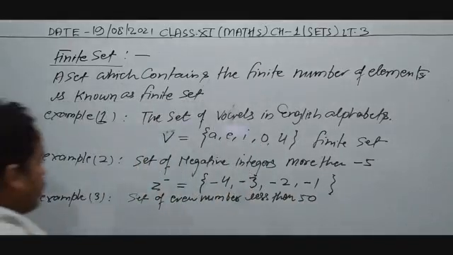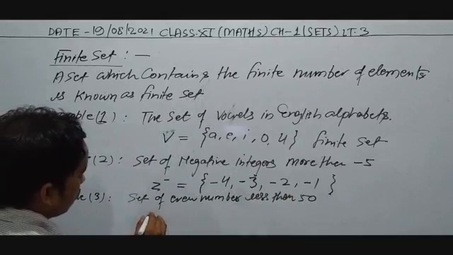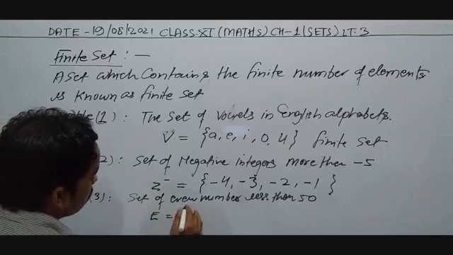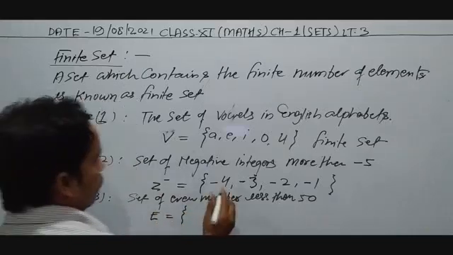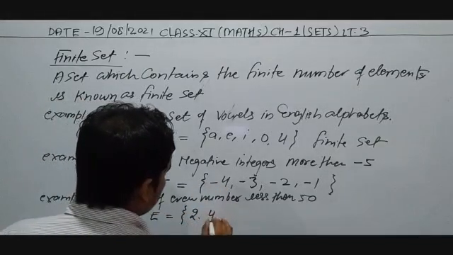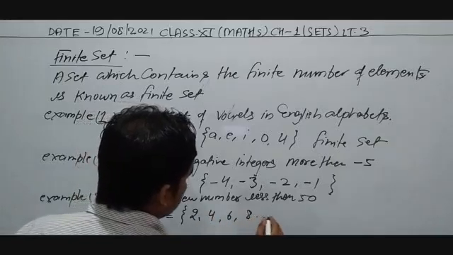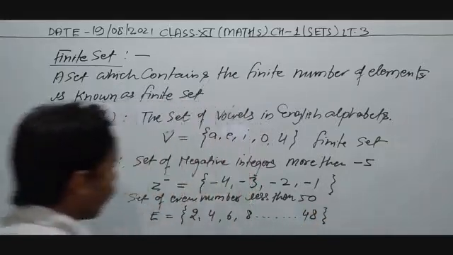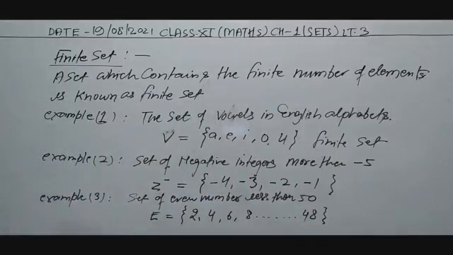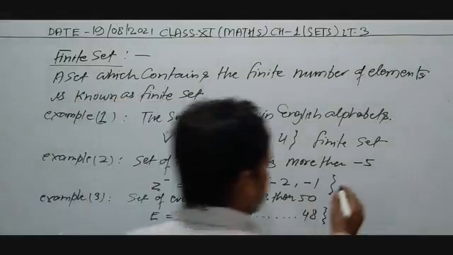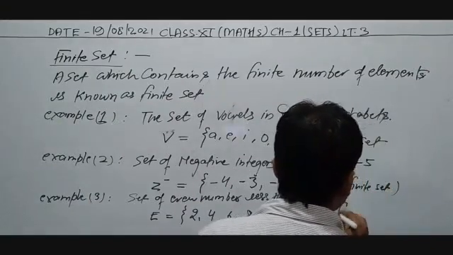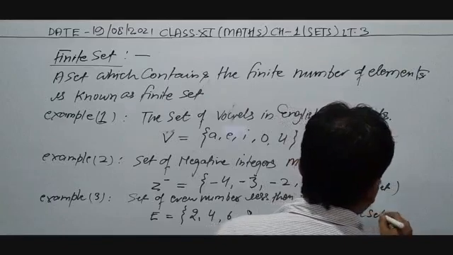Consider E, the set of even numbers less than 50, means 2, 4, 6, 8, up to less than 50, means 48. Now this is the third example of finite sets. This sequence is a finite set.